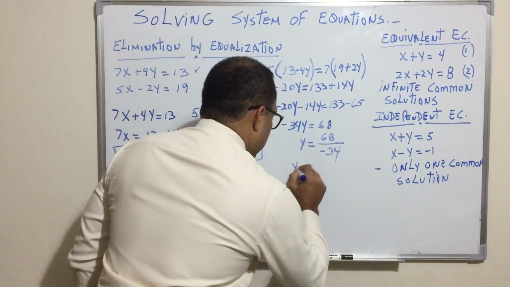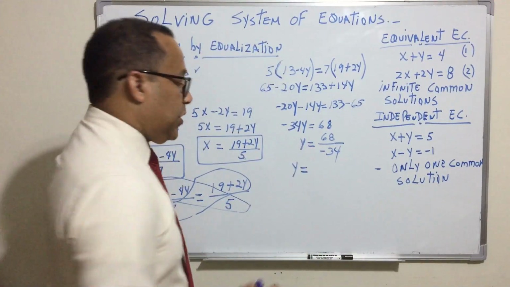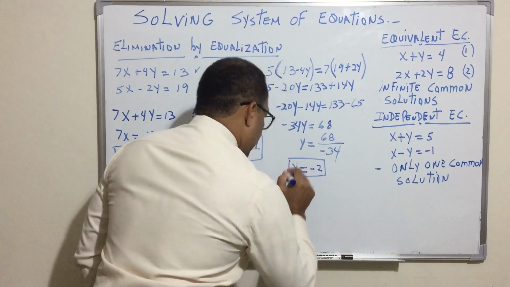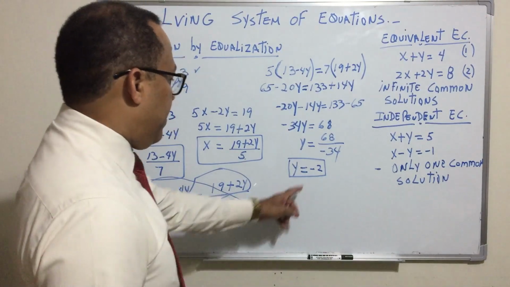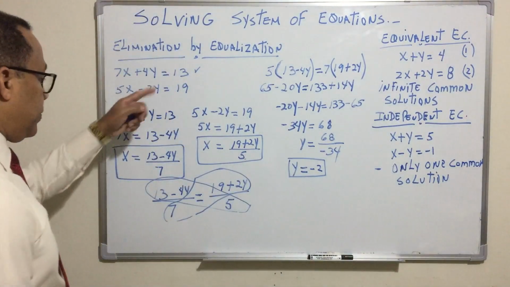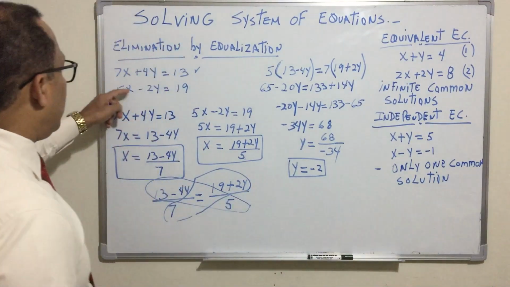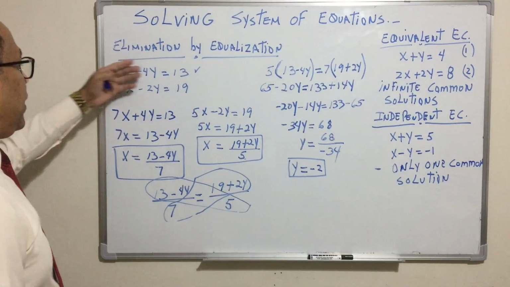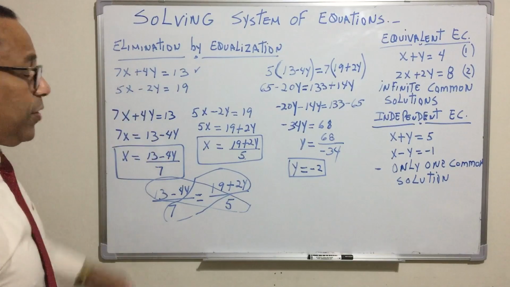So y is equal to 68 divided by negative 34, which is negative 2. I already got the result for my first variable. I just need to get now the value for x, and I can use either one of these equations in order to get the value of x.